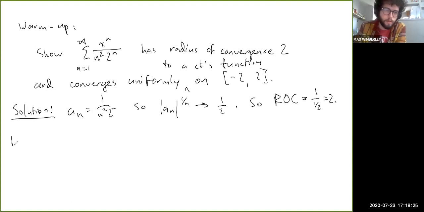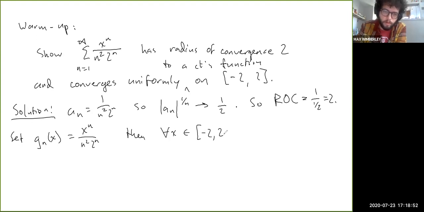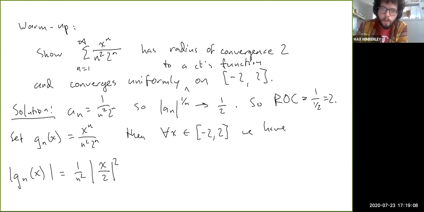So the Weierstrass M-test will actually work for the entire interval in this case, right? Because for all x in -2 to 2, if we set g_n of x to be x to the n over n squared 2 to the n, then the absolute value of g_n of x is 1 over n squared times the absolute value of x over 2, to the n, and this is less than or equal to 1 over n squared.